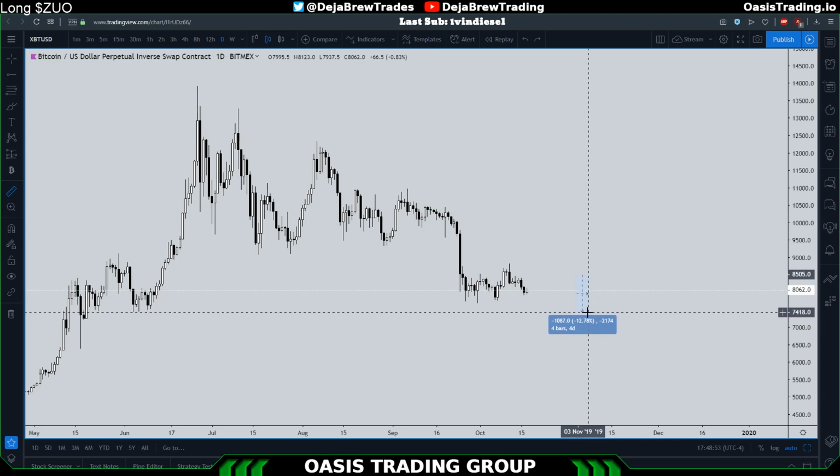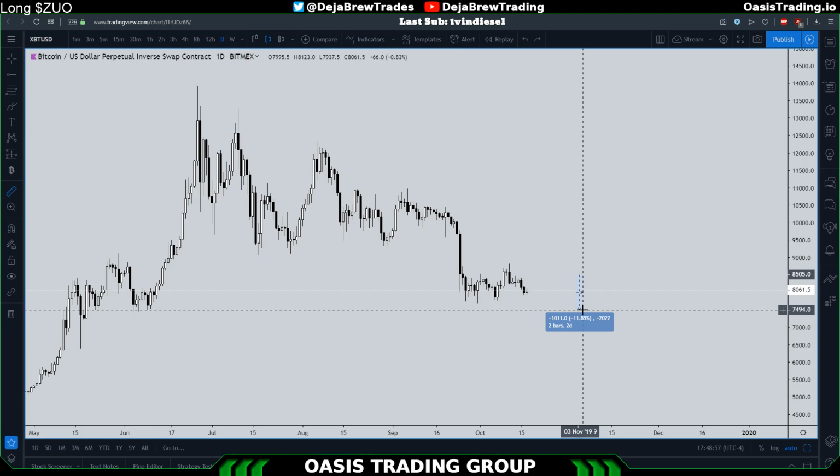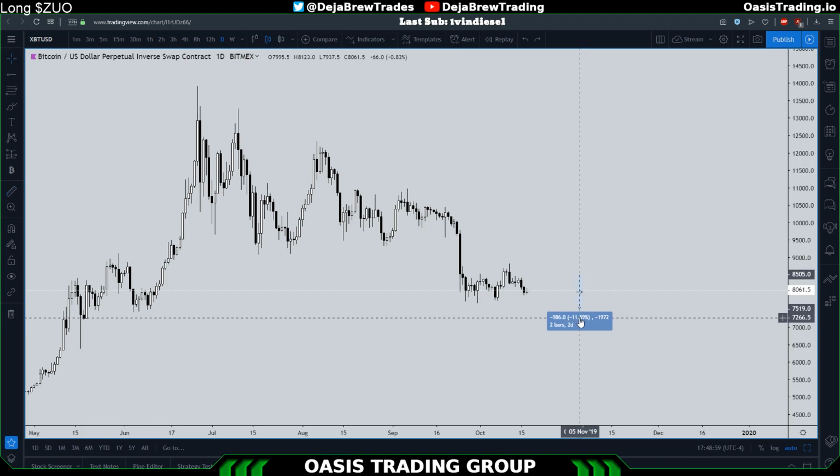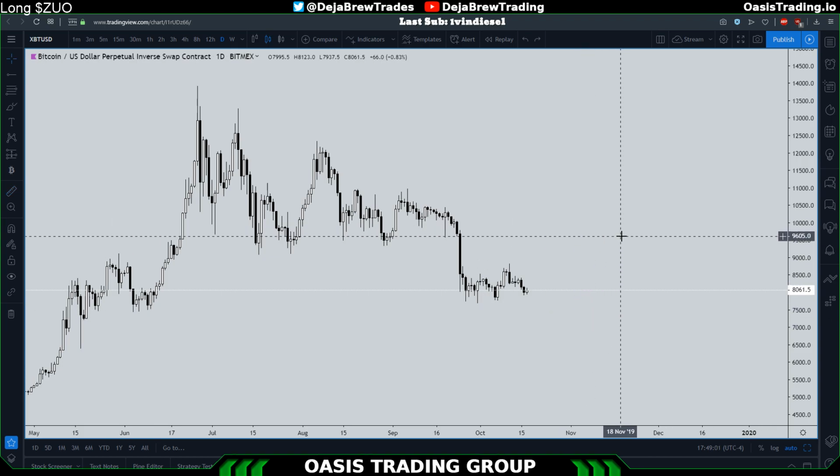So if this goes down to 75, and I'm still in my full-size martingale, we're now down, let's just make it around 10%. So if you're using 4x, 5x leverage, you can see that could be a massive problem. You are now down 40 to 50% of your account in one trade.